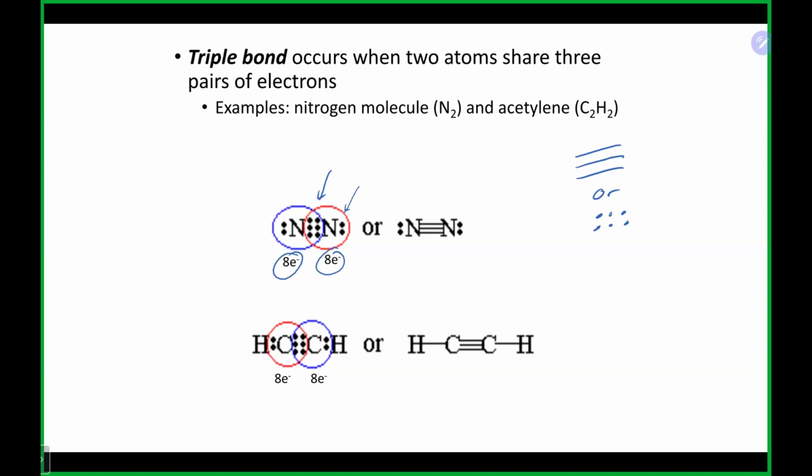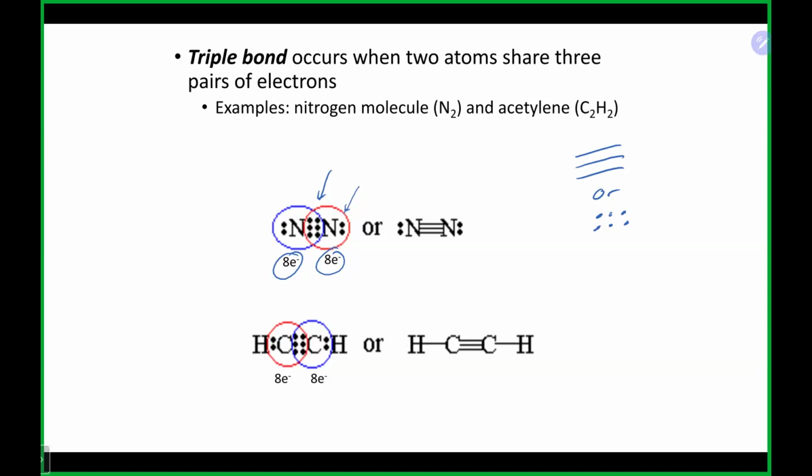Now, also a cautionary note that people always screw up when we get into drawing Lewis structures for covalent bonding. Everybody wants to double bond and triple bond right out of the box, yeah? And that's usually not the best situation. You kind of want to only make single bonds. And then if somebody, as we'll talk about, doesn't really get to the octet rule, you then want to try to fix it by making a double bond.